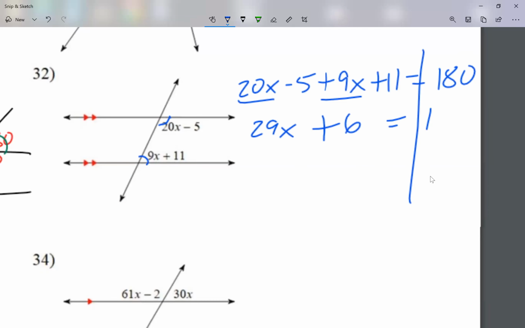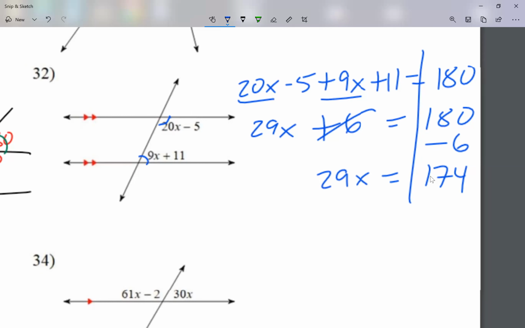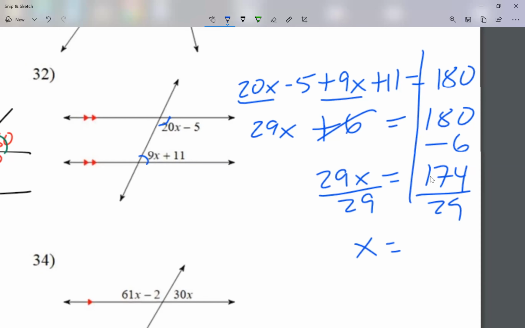And this is equal to 180. The plus 6, let me move it over as a minus 6. I have 29x equals 174, since 180 minus 6 is 174. To get x by itself, let me divide both sides by 29. 174 divided by 29 is 6.